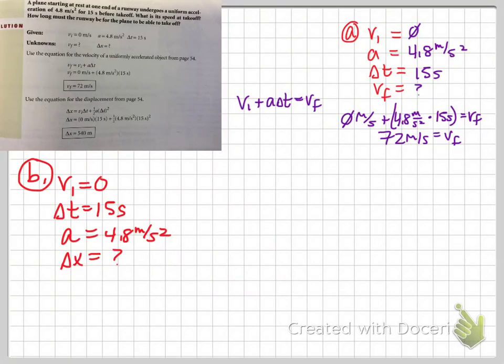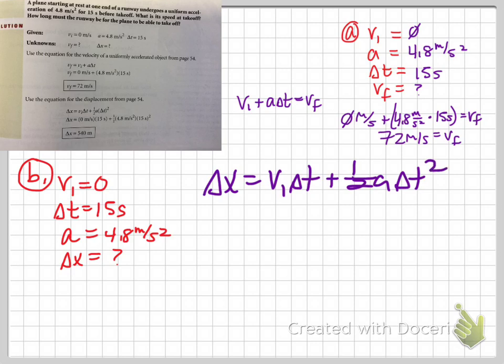I feel as though we have an equation that will neatly tie these factors together. Delta x equals vi delta t plus 1/2 a delta t squared. Hey, that'll do it. This is nice because can we get rid of anything in that equation right off? Sure can.